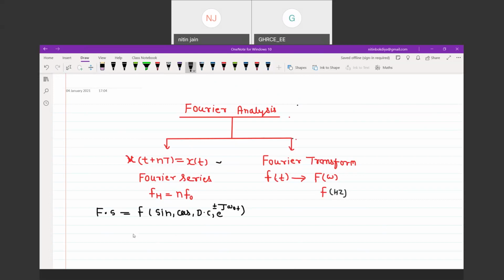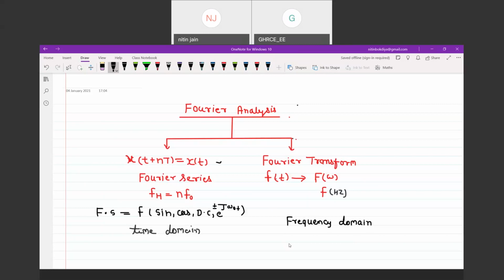This is time domain representation, and the second one is known as frequency domain representation.